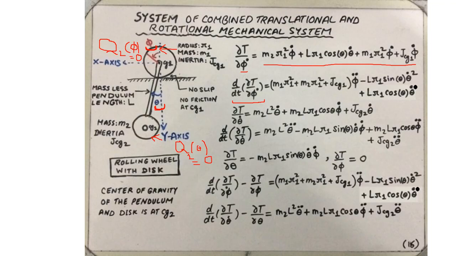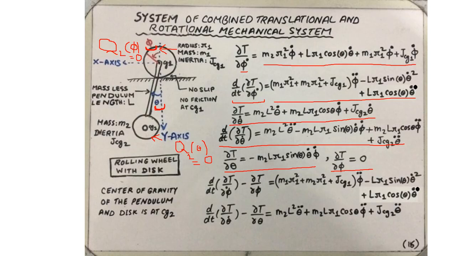Then the time derivative of the partial derivative of kinetic energy with respect to phi dot, this expression. The partial derivative of kinetic energy with respect to theta dot. The time derivative of the partial derivative of kinetic energy with respect to theta dot. And the partial derivative of kinetic energy with respect to theta. And the partial derivative of kinetic energy with respect to phi will be 0.